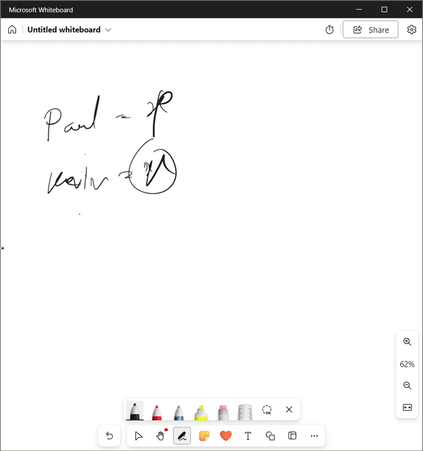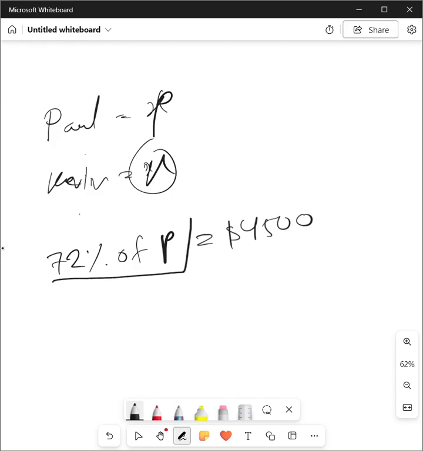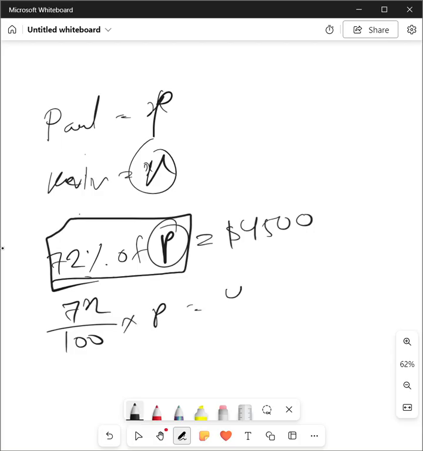So 72% of Paul's salary is $4,500. That means you need to find P, Paul's monthly salary. This is easy. You know the value, put the values rightly, then cross multiply.